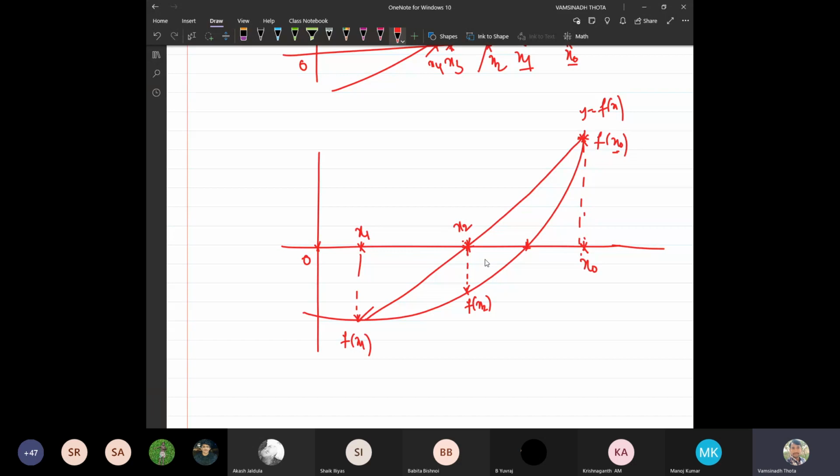Why? Because f at x2 is negative and f at x0 is positive. If you consider the other interval, then we are not going to get the root. Why? Because here, as you can see, both are having the same sign. So that may not lead to the root.